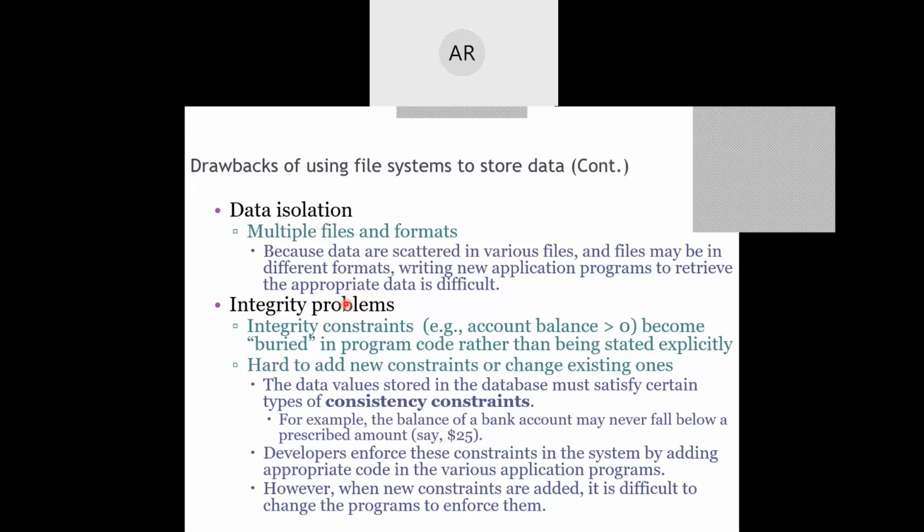Or else let us say I have entered a PIN number like, instead of 6600, some error in typing and I made it as 600. Those types of errors are not checked in file systems. But in a database management system, there are specific tools and specific codes which will tell me that there is some error being entered.